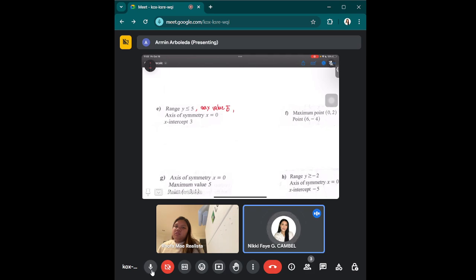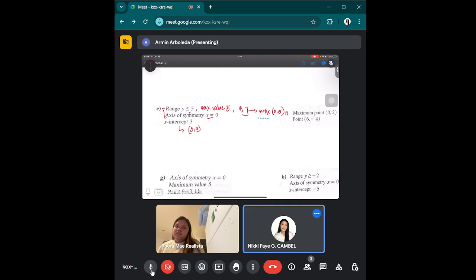This is also our y. Here you have x equal to 0, the axis of symmetry. So from these two givens, you can assume that your vertex is 0 and 5. And for the x-intercept, you will have 3 and 0.